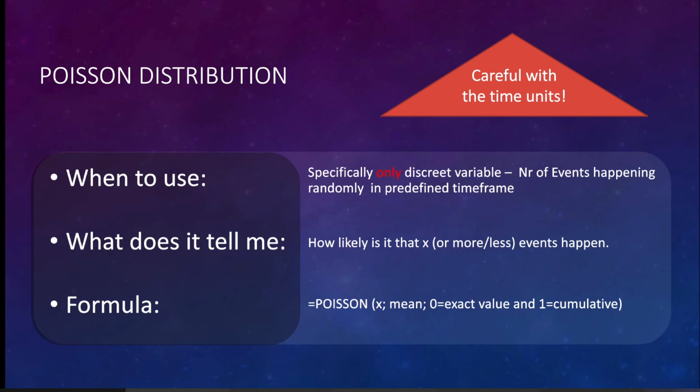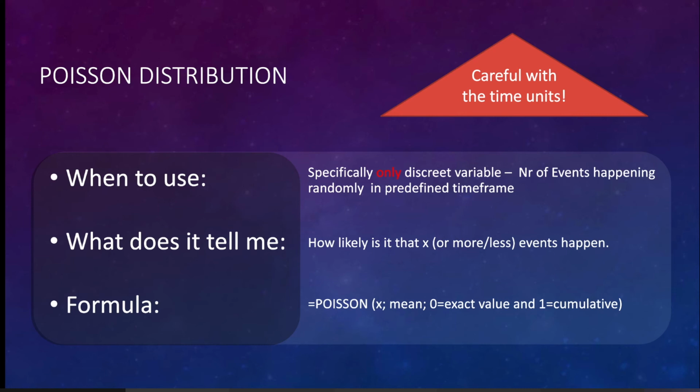So it tells me how likely it is that a certain amount or more, a certain amount or less, or a specific amount of events do happen. And the formula that we use is given to you underneath. You have the x, the value that you want to look at, you have the mean, the average of it, and you can pick between the exact value and the cumulative value.